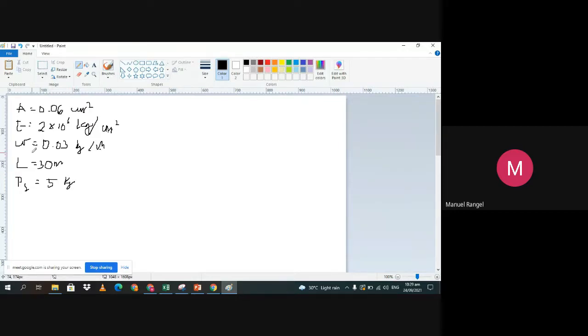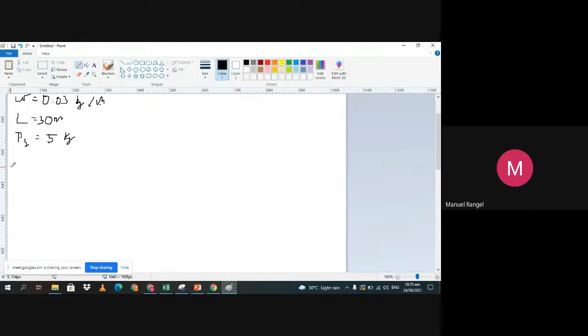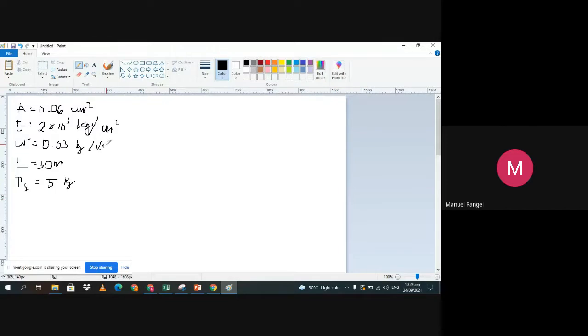So ang given ay small w, so we will get its total weight first. To get the kilogram, i-multiply nato siya by its length: 0.03 kilogram unit weight of the tape times the length of 30.